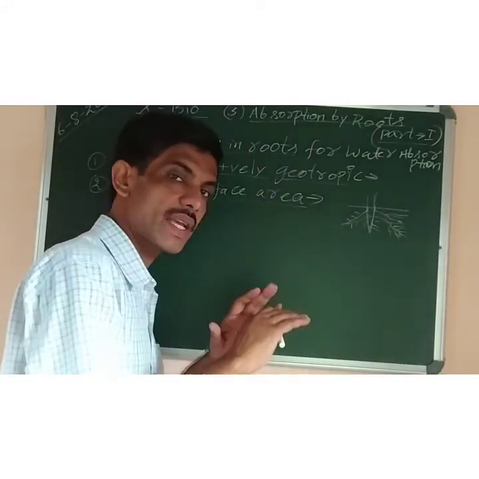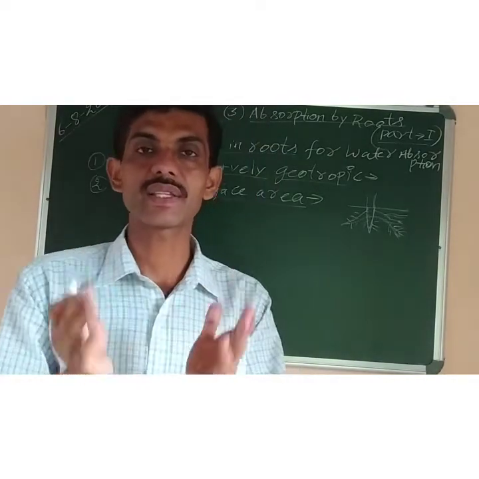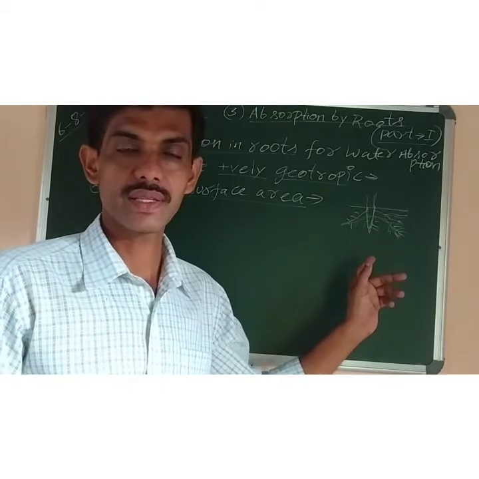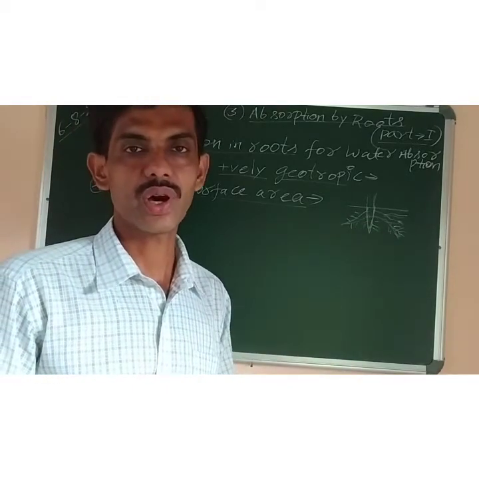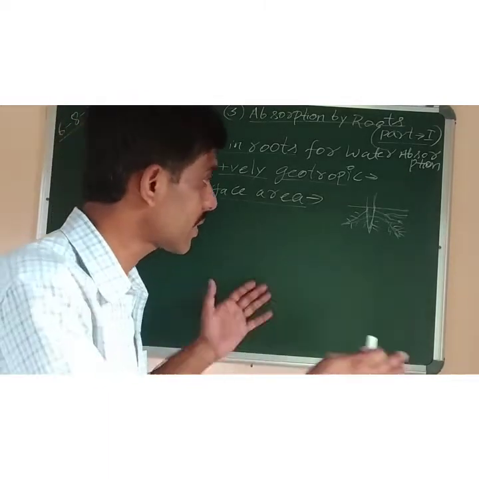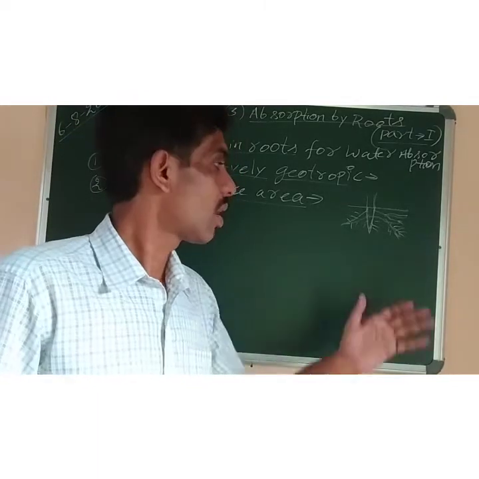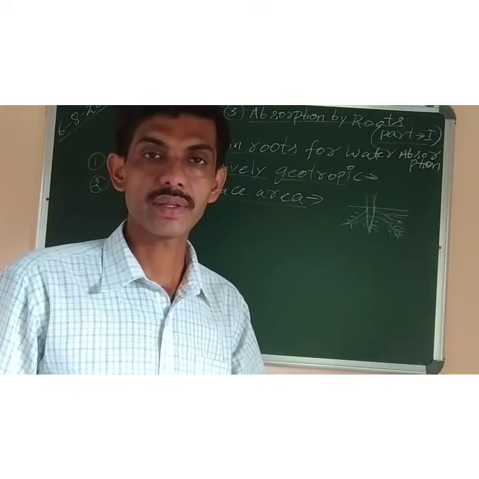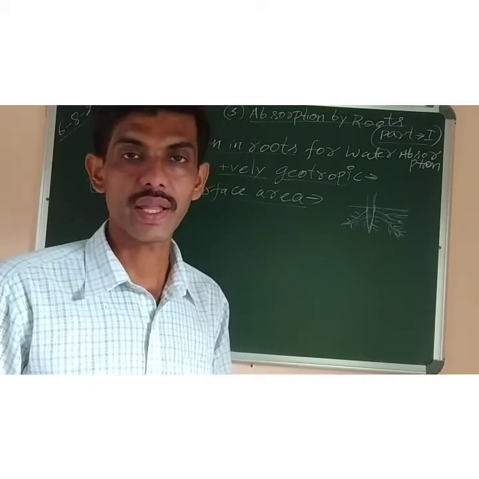So due to the extensive network, means vast network of root hairs and their branches which are present inside the soil, it increases the surface area, and once the surface area is increased means all the root hairs will come in contact with different types of soil particles containing the water inside it and the minerals.